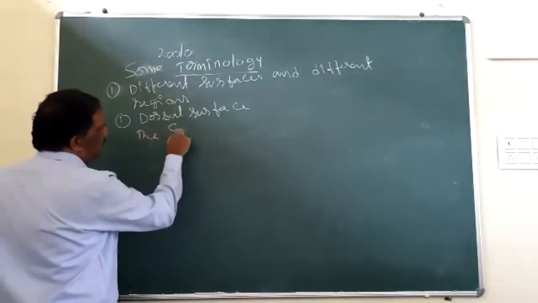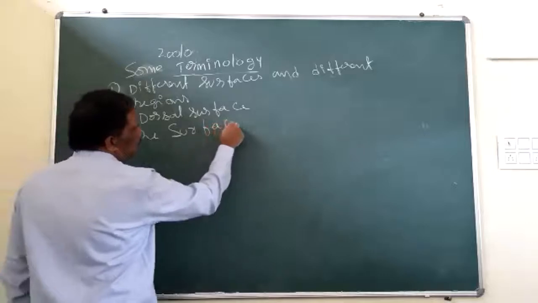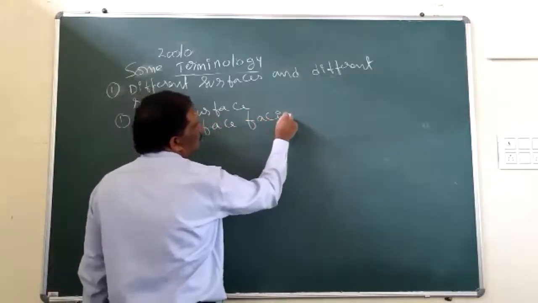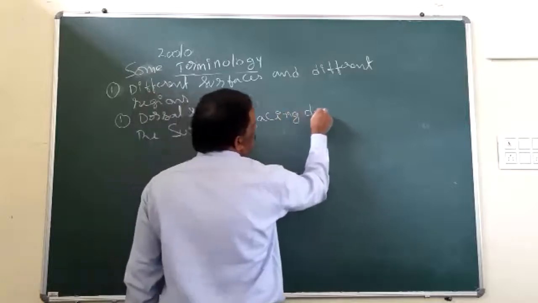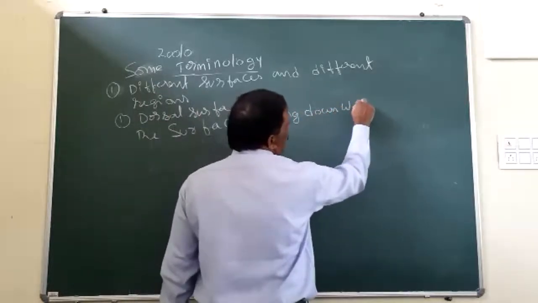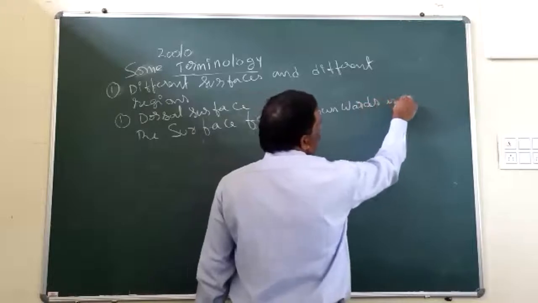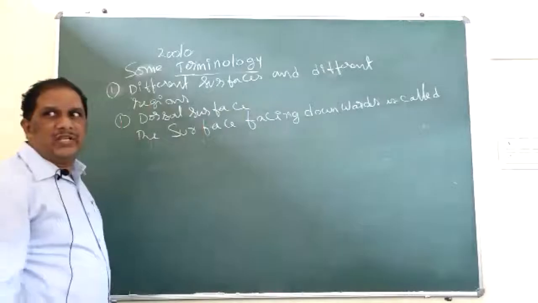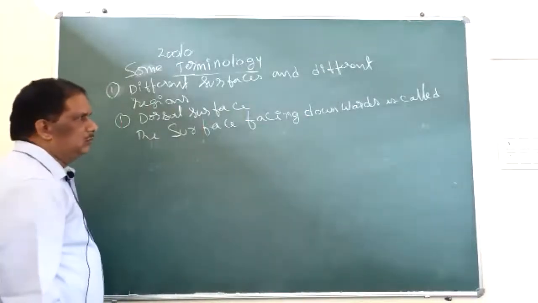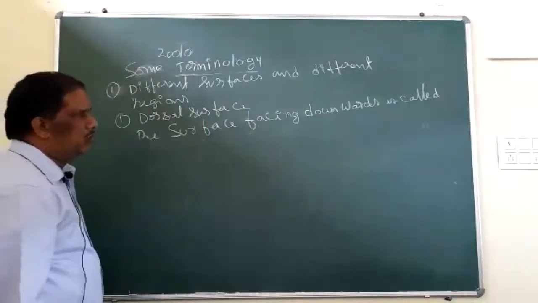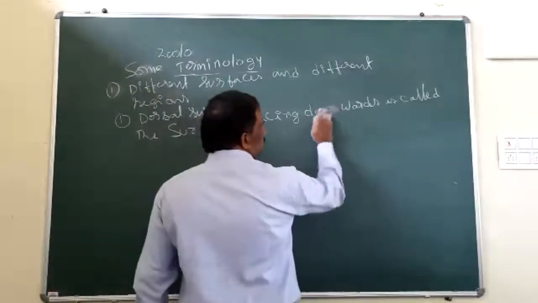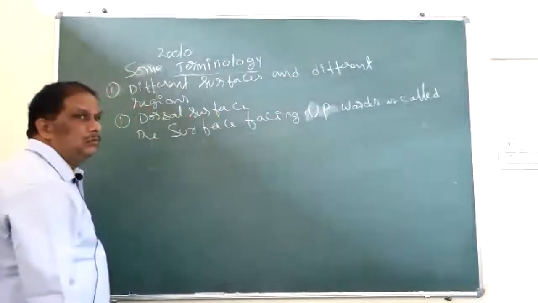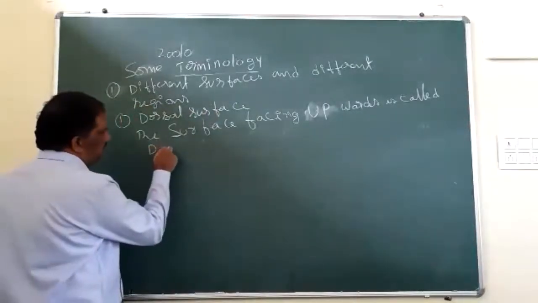The surface facing upwards is called dorsal surface.